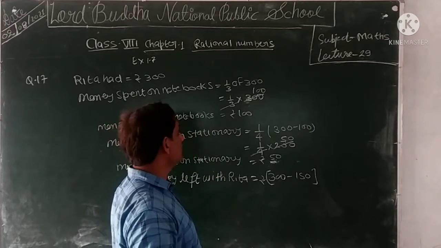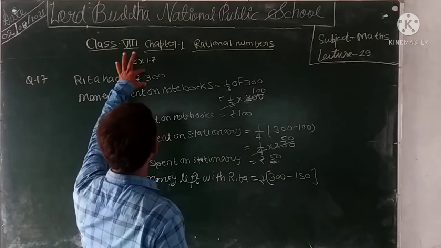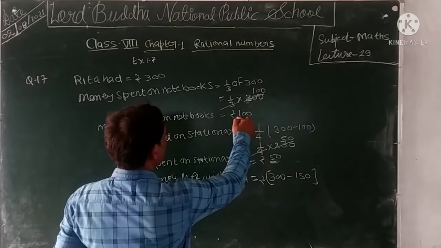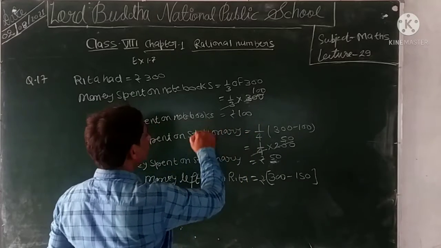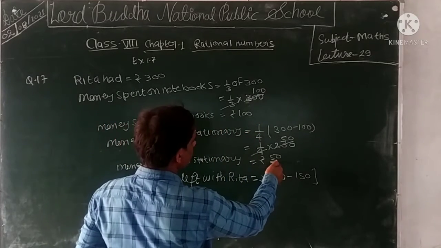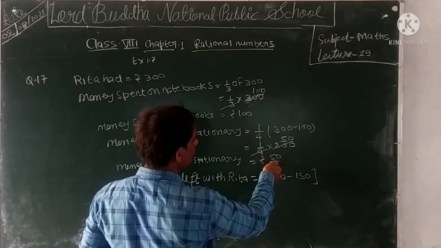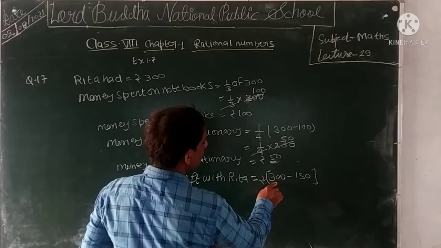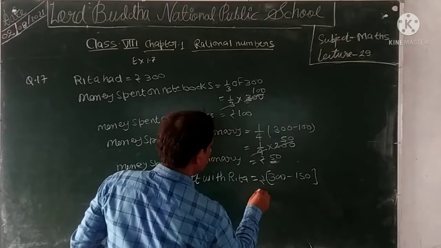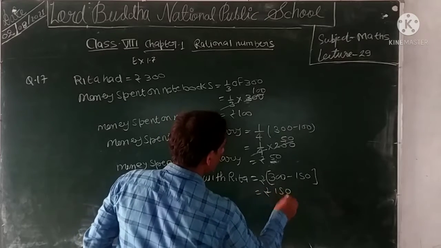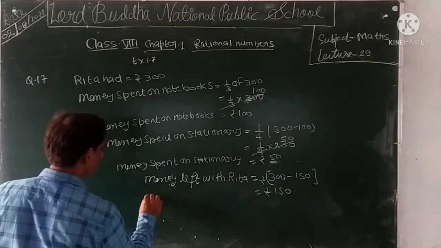Money left with Rita means total money minus money spent: 100 on notebooks, 50 on stationery, 100 plus 50 is 150.